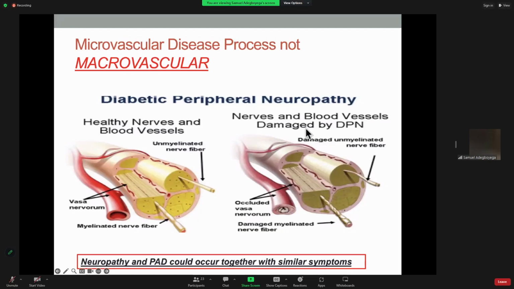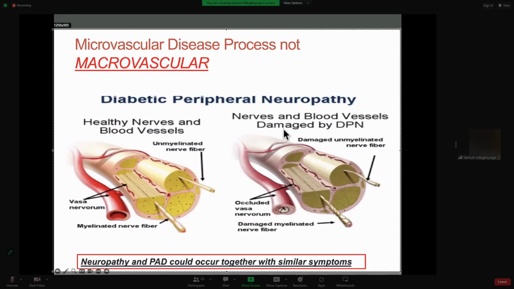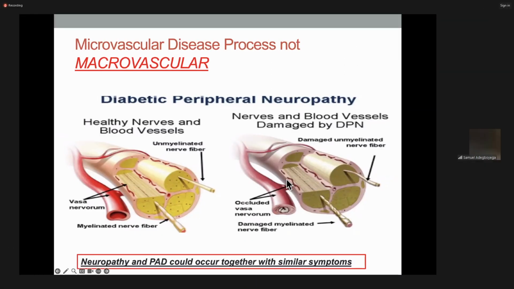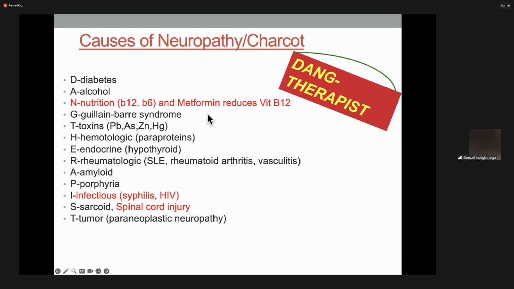There's something called vasa nervorum. You learned that in anatomy. When your vasa nervorum is occluded, as you can see here, there's no oxygen supply and perfusion to the nerve, and basically you're going to have the same symptoms: cramps, burning, tingling, which is the same thing you see in your PAD. This is what I was talking about on Friday.